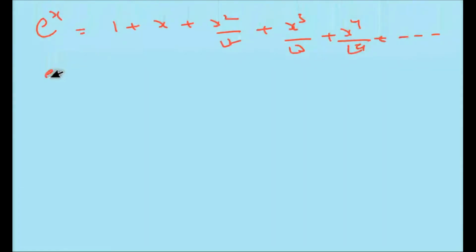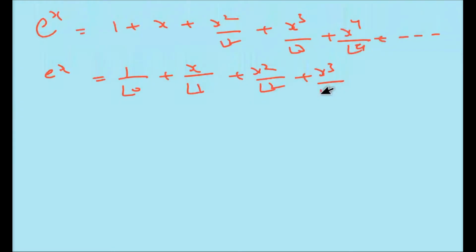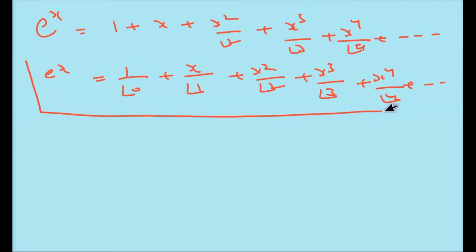Now you can also write here x to the power 0 upon factorial 0 plus x upon factorial 1 plus x square upon factorial 2. So while solving questions carefully, if factorial 0 and factorial 1 appear, then there is no problem, you can write it. Okay student, and the meaning of factorial you will understand better in the chapter permutations. So this series you have to learn carefully.